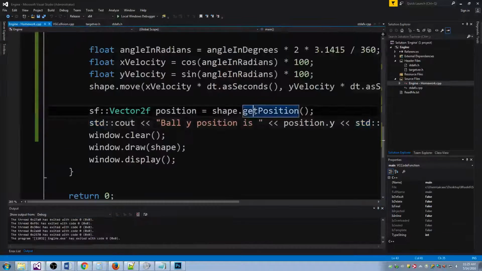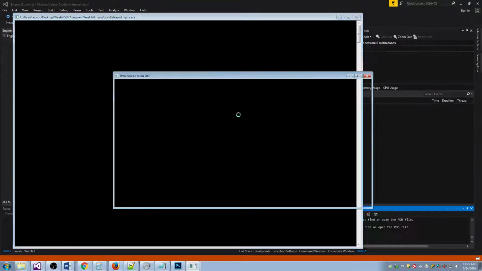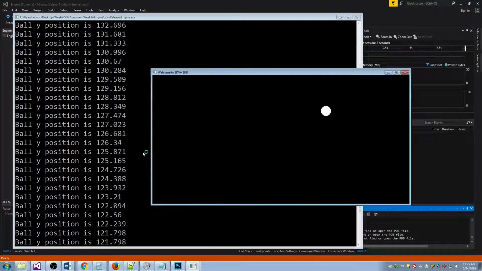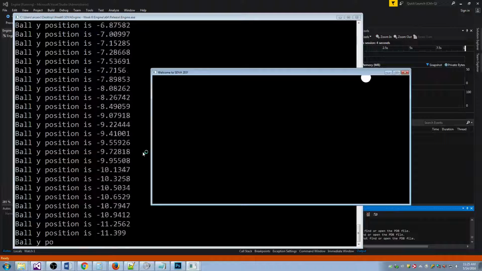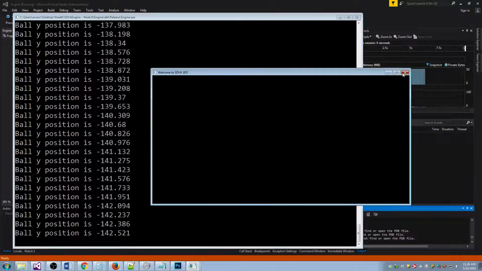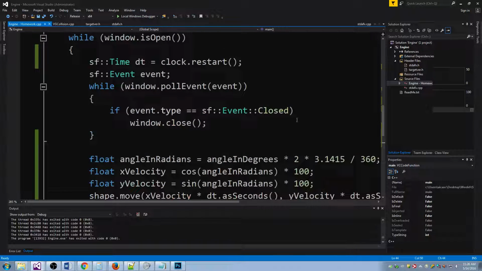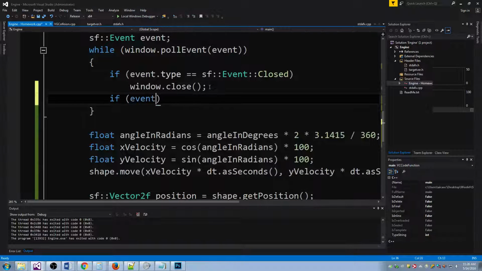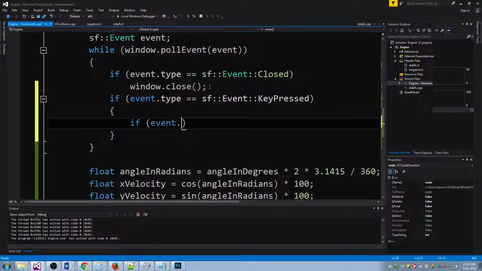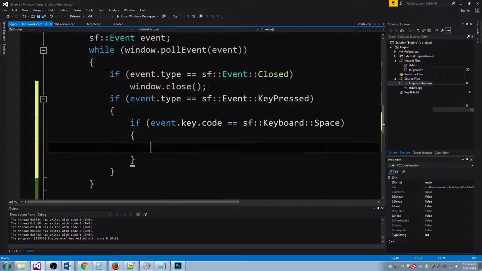So if I want this thing to bounce, I want to flip the velocity. When should I flip the velocity of this? When it gets to 0, right? Or negative, right? So how do I flip the velocity? Well, if you had a key, if that type is equal to SF keyboard key pressed, I'm just going to have spacebar reverse it.